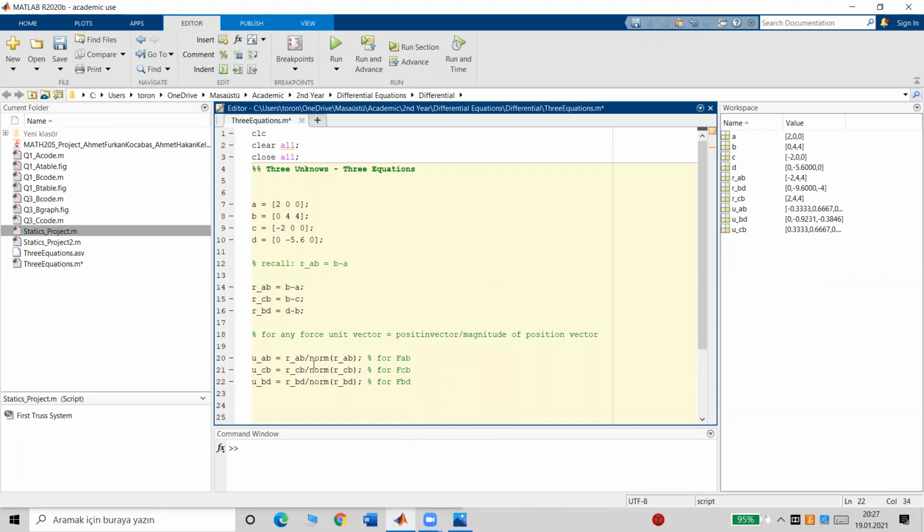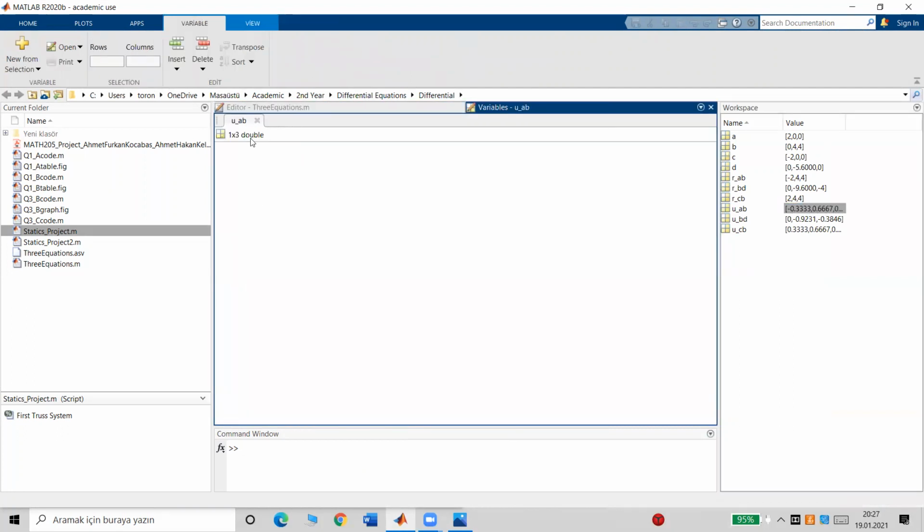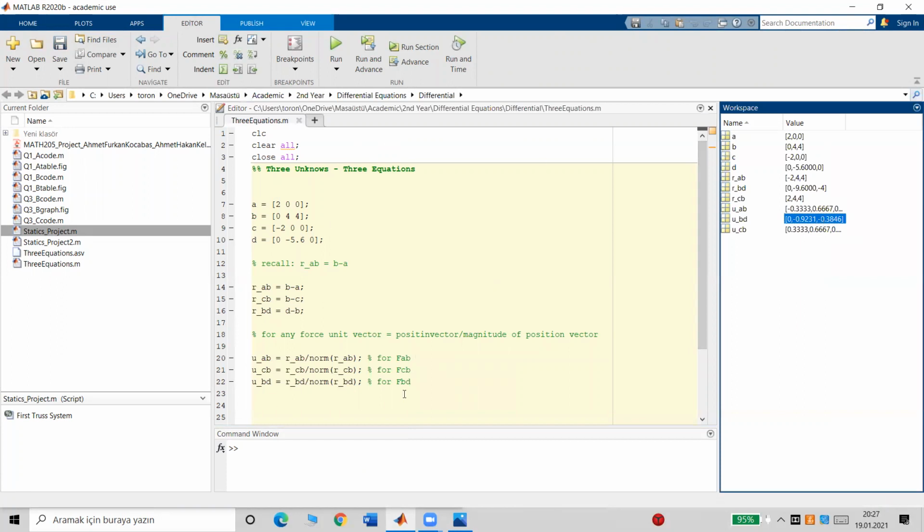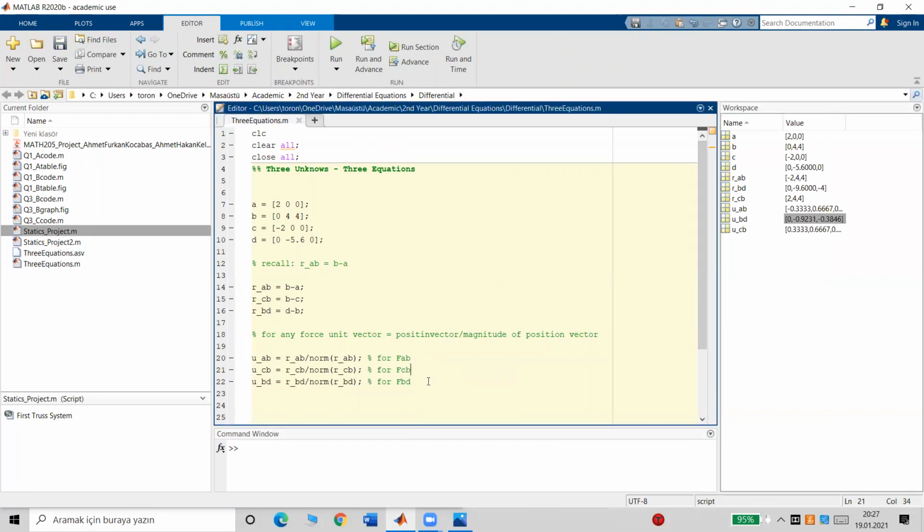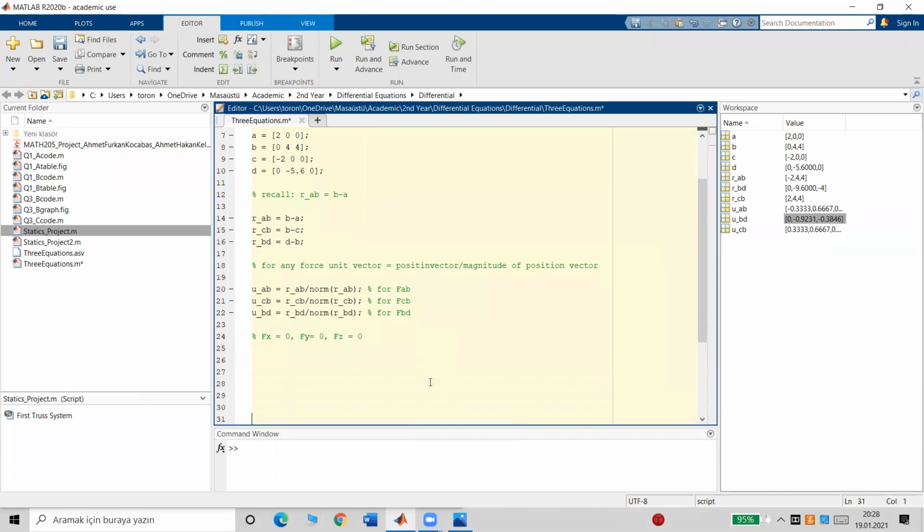So actually, as you see here, we have three different unknowns, which are FAB, FCB, FBD. We are supposed to calculate them. And also, we have three different equations, which are total Fx is 0, total Fy is 0, and total Fz is equal to 0. So we need to write equations and solve them using MATLAB.